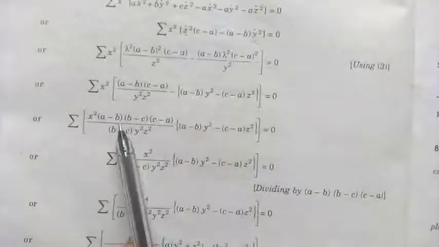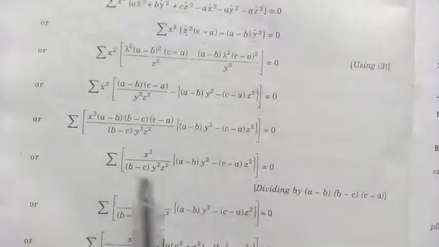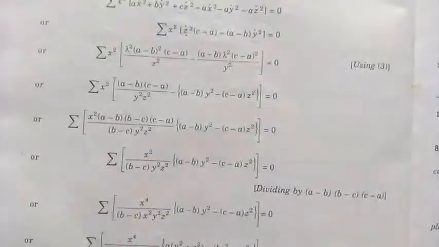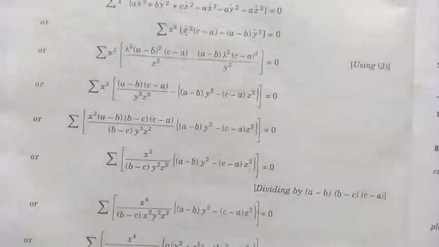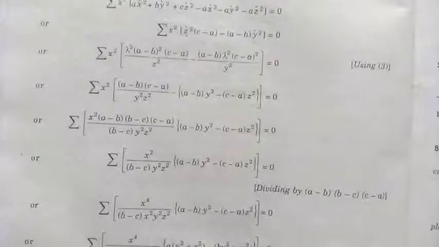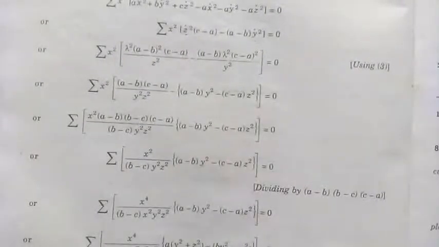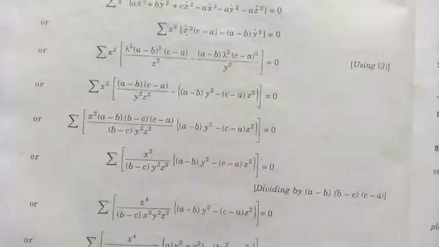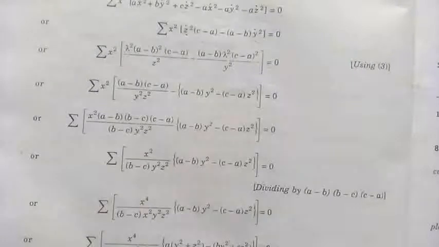Now dividing through by (a minus b)(b minus c)(c minus a), after doing this we get this form. Now from here we can collect the terms having y squared plus z squared into (a minus b)y squared plus cz squared equal to 0. Now substituting the value of y squared plus z squared from the given equation, and by squared plus cz squared, that is also from the given equation, we can substitute their values here.